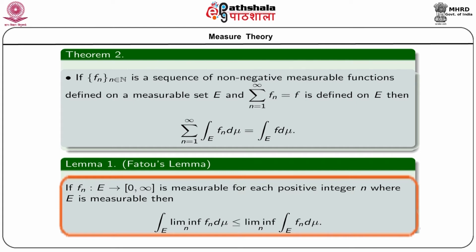Now, note that here Fn is not assumed to be convergent or anything. So, for any arbitrary sequence of measurable functions, of course non-negative, we have this particular property.